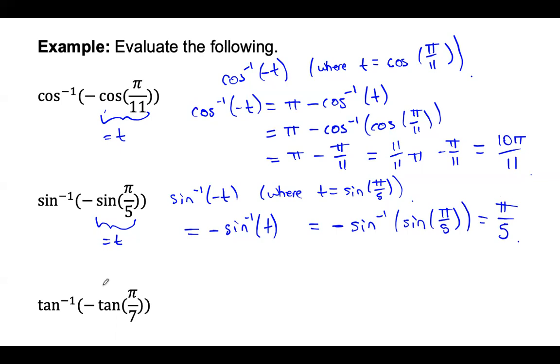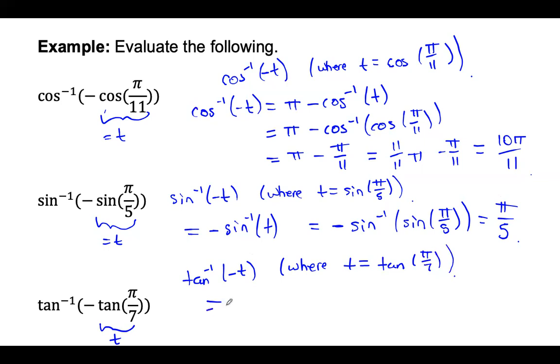So in the last one, same idea. This part, t is equal to tan pi divided by 7. So we're going to do tan inverse of negative t. And our t here is equal to tan pi divided by 7.